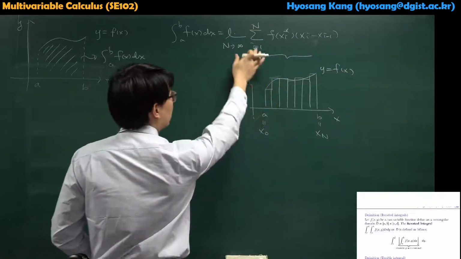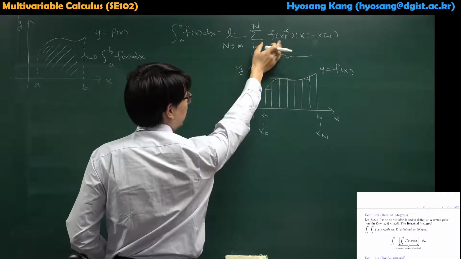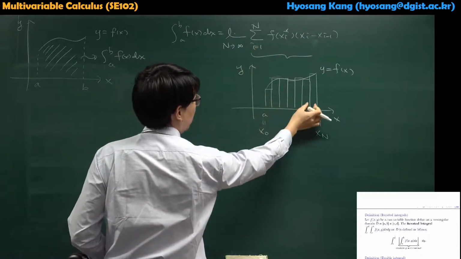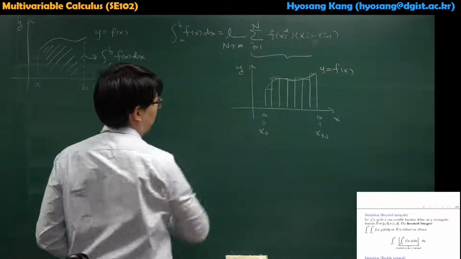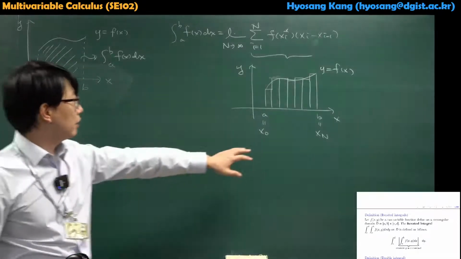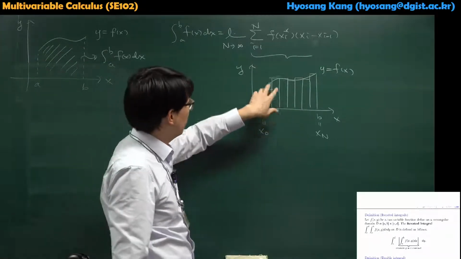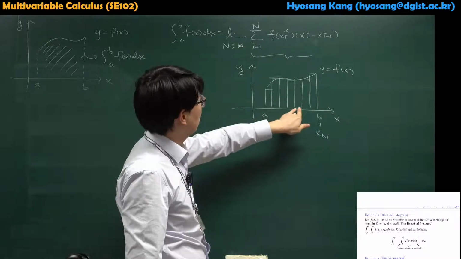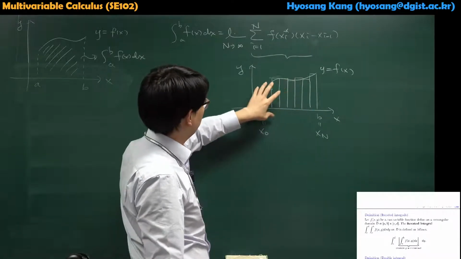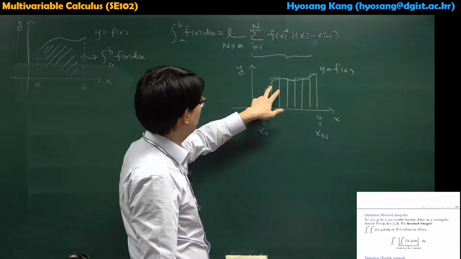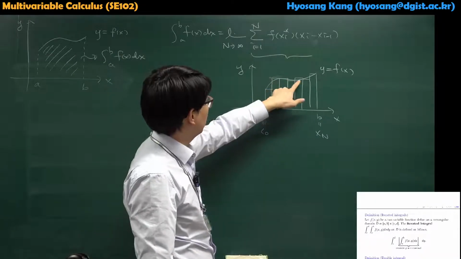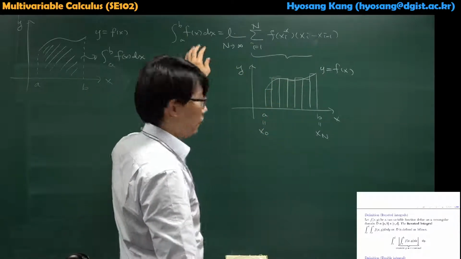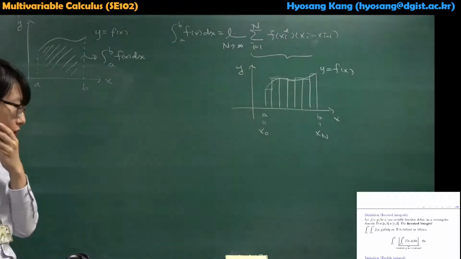The sum of the n rectangular areas approximates the definite integral, and when n gets large, you get smaller and thinner rectangles, and you sum those areas, then the error term goes to 0, so we get the actual area under the curve.